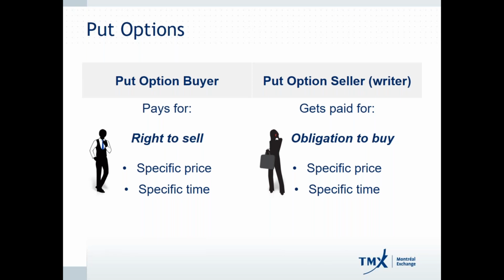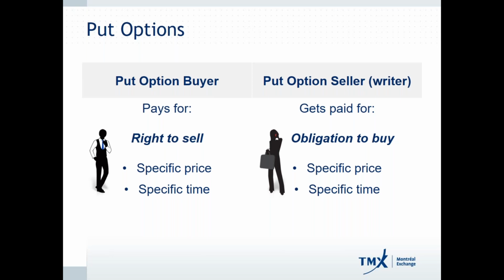Remember, a call option is the right to buy the security at a specific price. A put option is the right to sell it at a specific price. This is where in future presentations, we'll get into the concept of buying puts as protection, and by buying puts as protection, you're securing the right to sell. You can literally buy the put like an insurance policy on your stock and guarantee yourself a sale price.